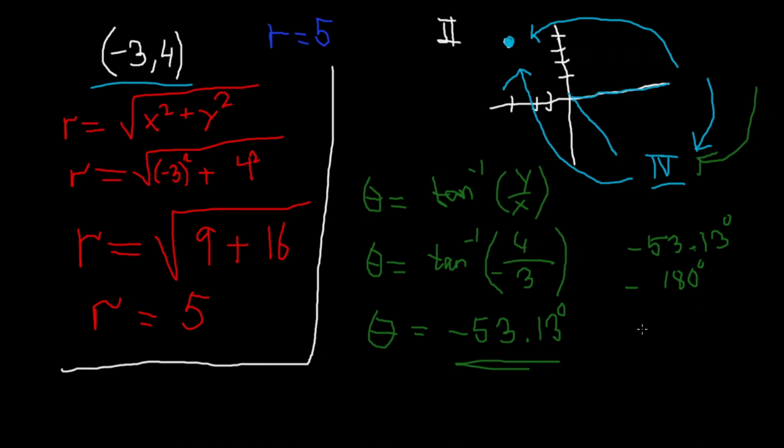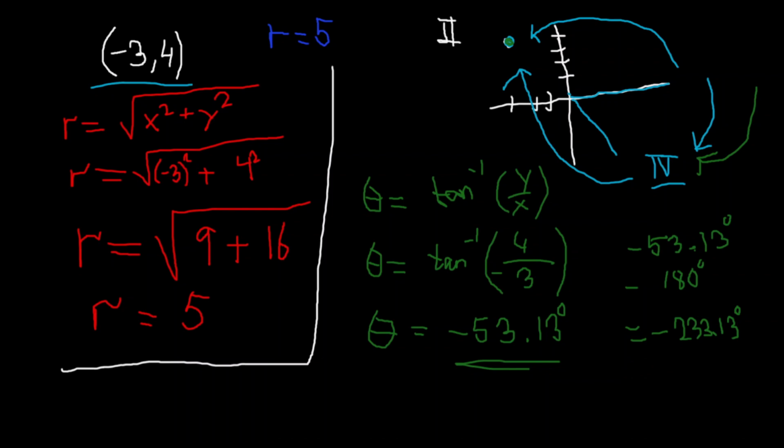So this comes out as negative 233.13 degrees. Now, negative 233.13 degrees is in this quadrant, the second quadrant.